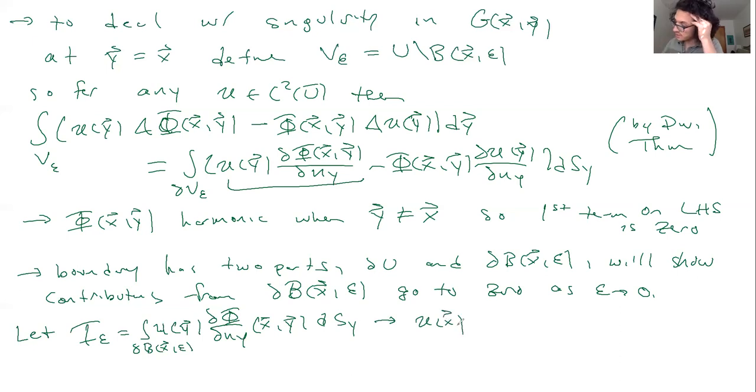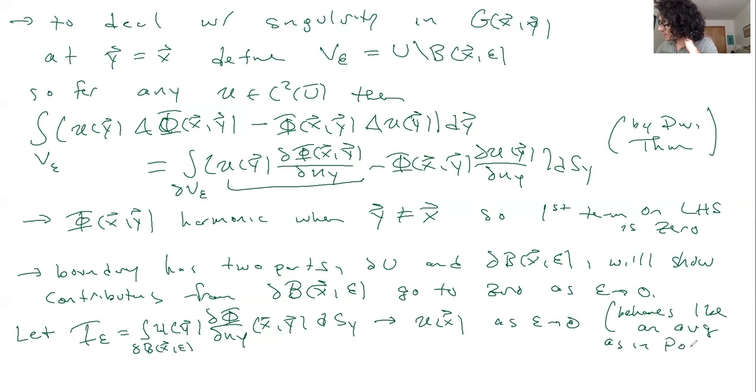As epsilon goes to 0, this is just going to become the average value of u. So this essentially is going to behave like an average, as in the Poisson equation proof.